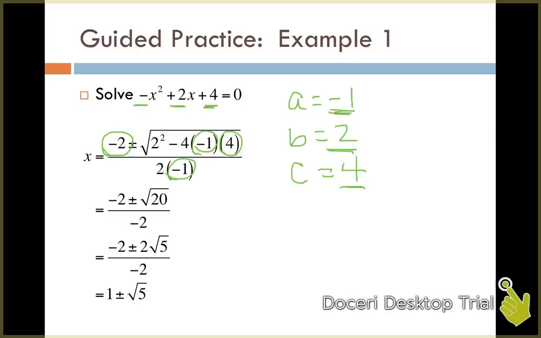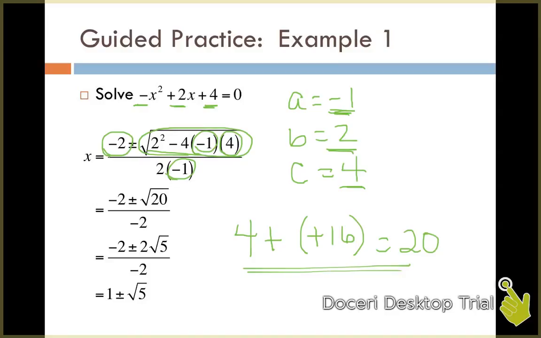So if we simplify this first, this 2 squared is going to be 4 minus 4 times negative 1 times 4 is negative 16. So 4 minus negative 16 really becomes 4 plus 16, which is why we end up with 20.